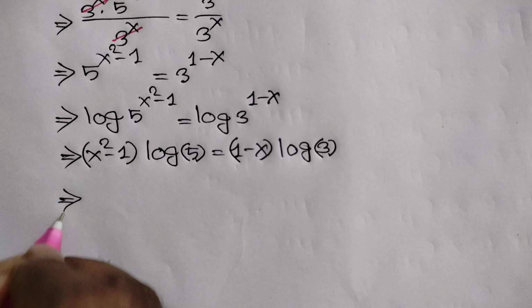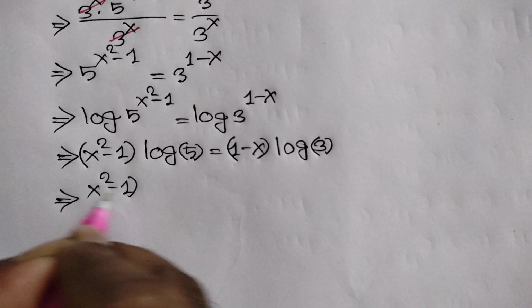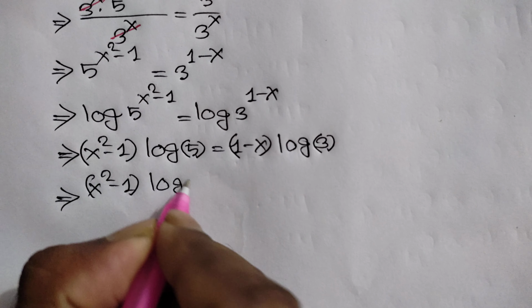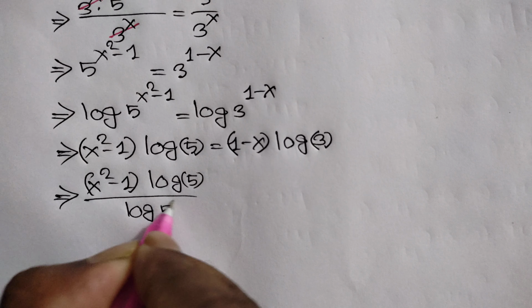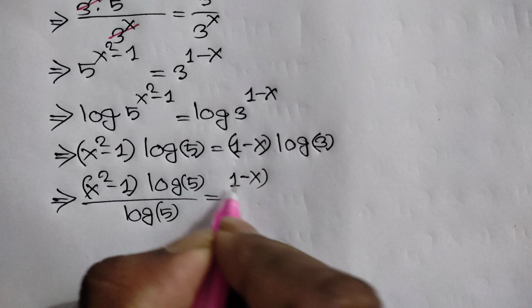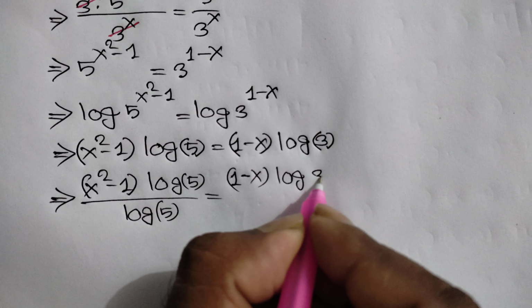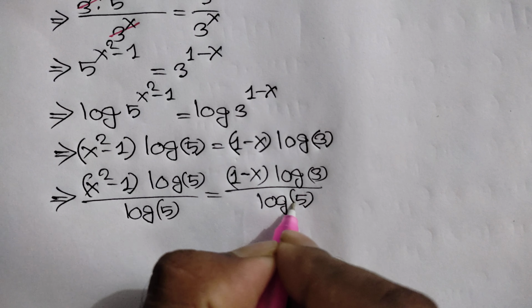Now dividing both sides by log of 5, we can write x square minus 1 times log of 5 over log of 5 is equal to 1 minus x times log of 3 over log of 5.